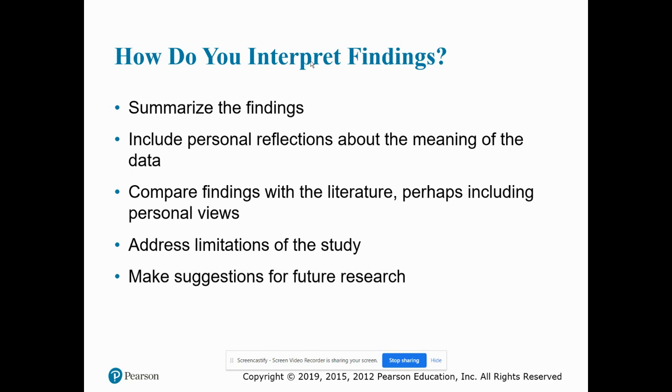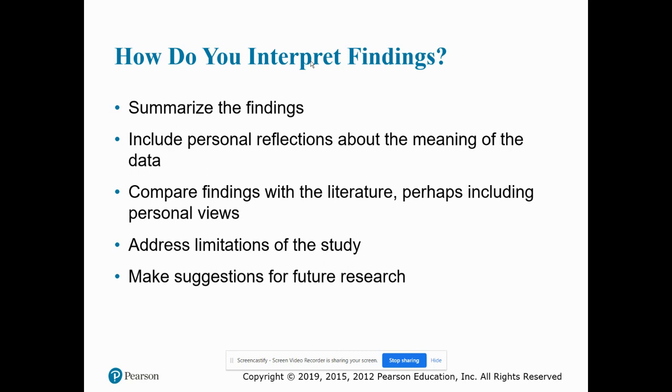Always you will address the limitations of your study. And that's something that you could also look at in other research studies, what their limitations were, and then you could make a study to have like an antidote for that. So you could recreate the study in a way that would eliminate their limitation.